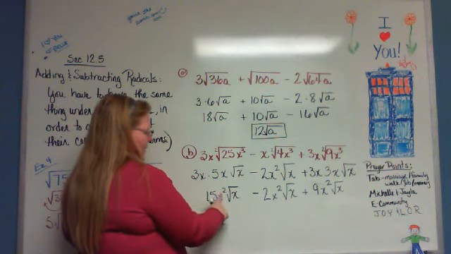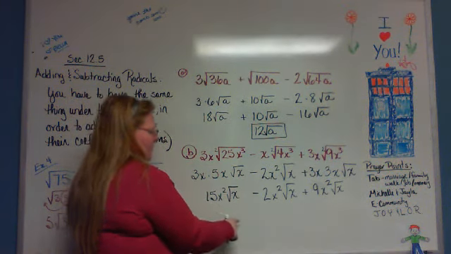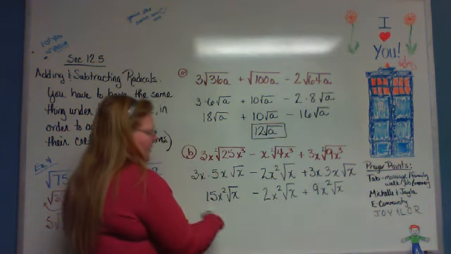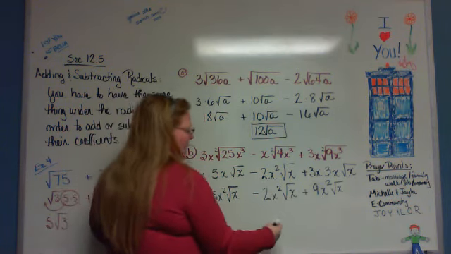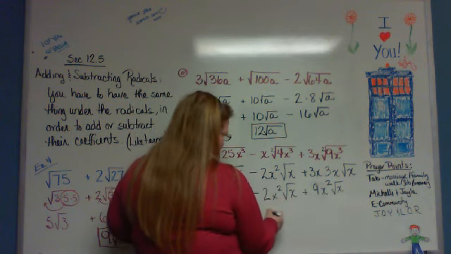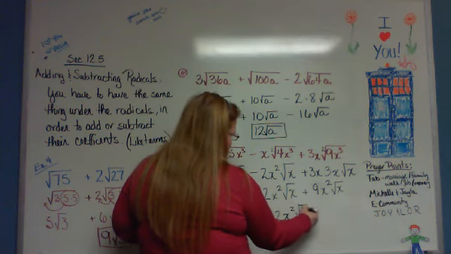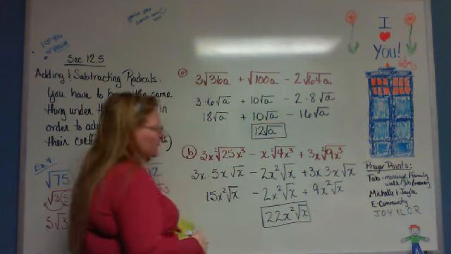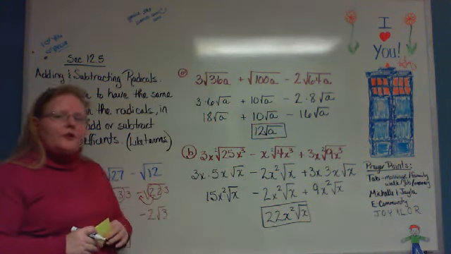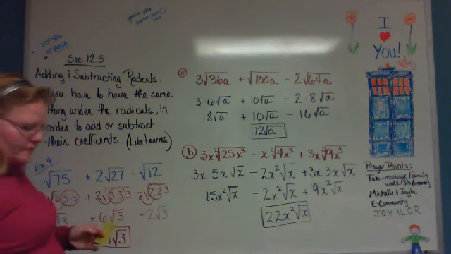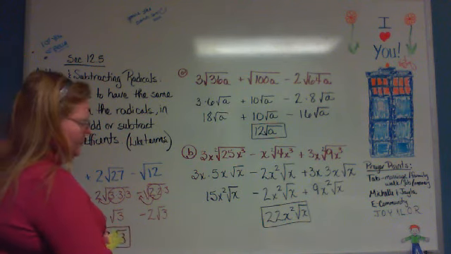So 15x squared square root of x minus 2x squared square root of x is 13x squared square root of x, plus 9 is 22x squared square root of x. That one was a little difficult, but I bet you could do it. I got faith in you. I'm sure you rocked it.